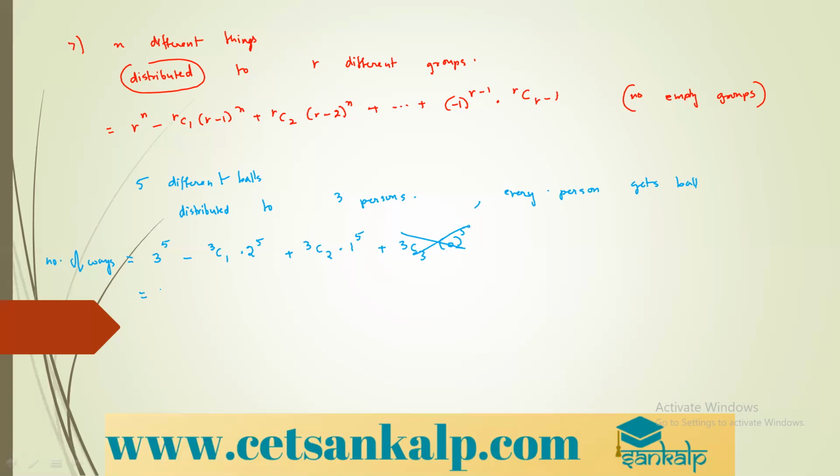Okay, 3 power 5 is 243, 3C1 is 3, 2 power 5 is 32, 3C2 can be taken as 3C1. And 3C1 is 3 only into 1. So you have 243 minus 96 plus 3, or the answer is 150 ways.